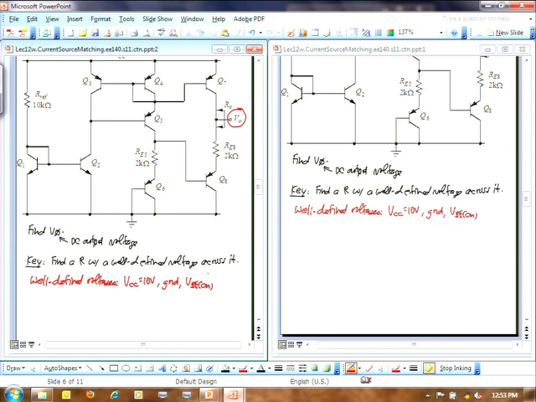And so what is the VBE on? Is it 0.6 volts? Or is it 0.7 volts? So that could be a question someone will ask. What is VBE on?